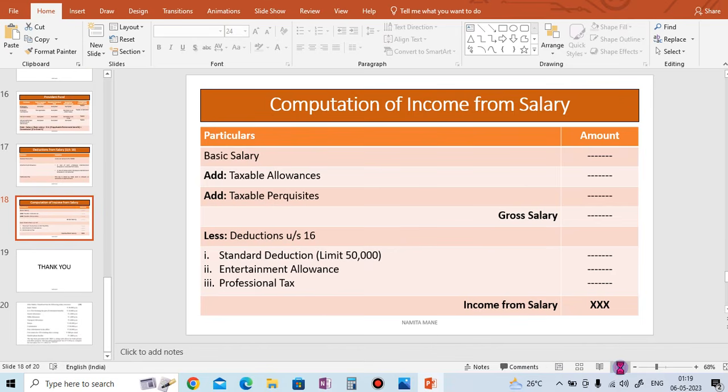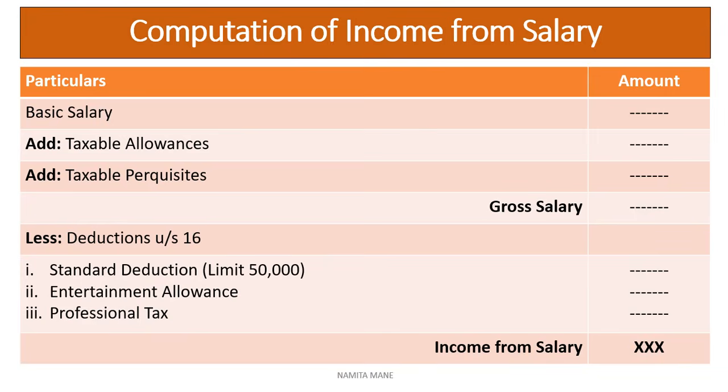First you write the basic salary, and add all the taxable allowances as well as all taxable perquisites. Then we get the gross salary, and from this gross salary we deduct the deductions under section 16, like standard deduction, entertainment allowance and professional tax, and finally we get the income from salary. So this is the format for the computation of income from salary.